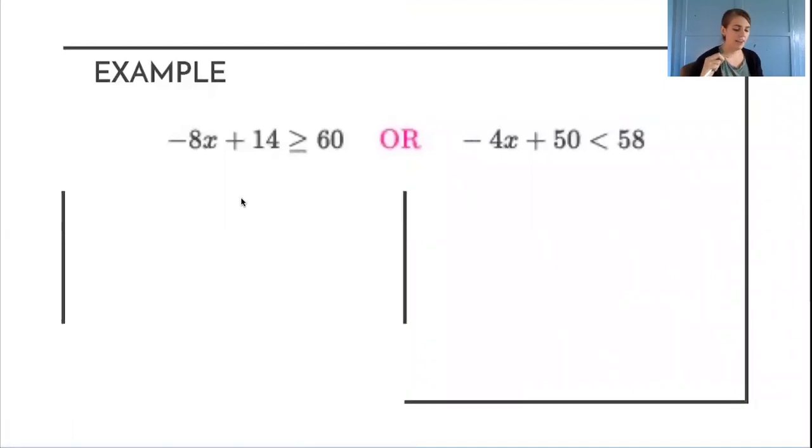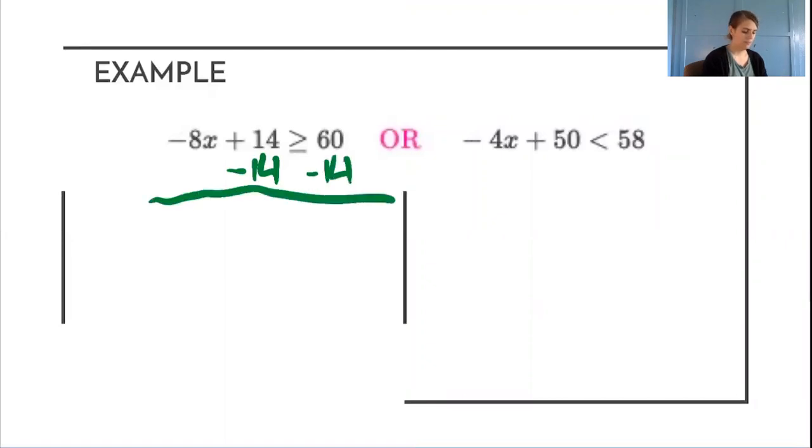So on this one, I have negative x plus 14 is greater than or equal to 60, or negative 4x plus 50 is less than 58. So I'm going to start by solving for x on both of these equations. So I'll subtract 14. 60 minus 14 is 46.